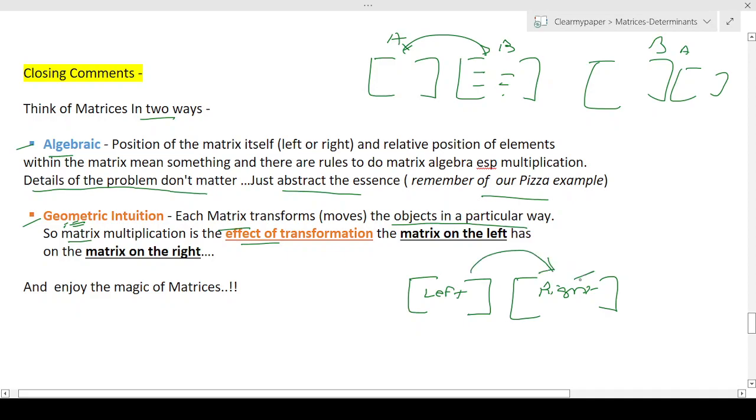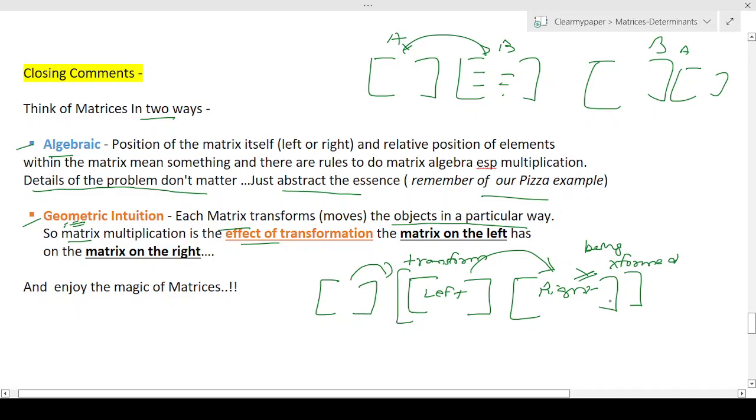This is being transformed or moved to a different point, and this is the transformer, if you want to call it that way, okay? This is what it transforms on the left side. So if I put another matrix on the left, this matrix is going to have a transformational effect on the net matrix of these two. That's what we discussed earlier.